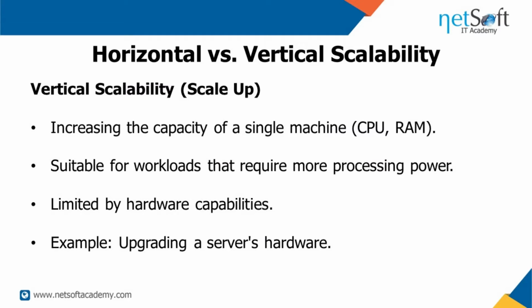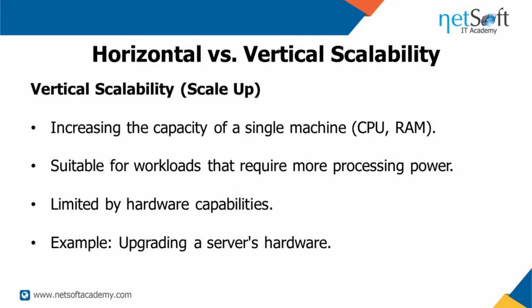What is vertical scaling? You can also say scaling up or scaling down. Vertical scalability, or scaling up or down, involves increasing the performance or capacity of a single unit, single instance or machine, by upgrading the CPU power, RAM, or storage speed.